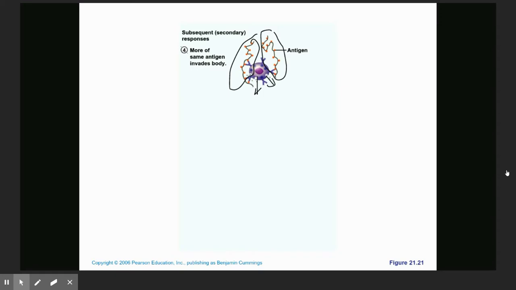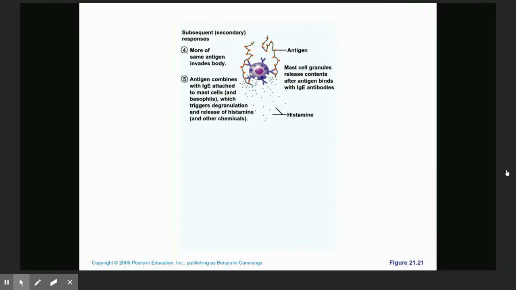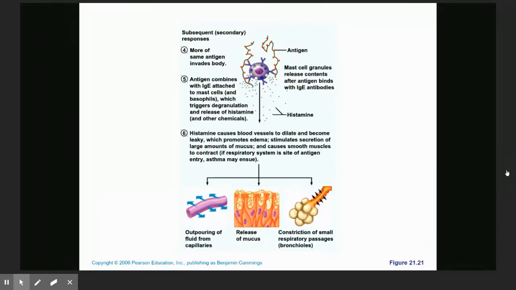Well, these cells are not in one place. They're everywhere. And if they all release histamine at the same time, all this histamine is going to cause those effects. So we're going to get a lot more mucus produced. We're going to get bronchial constriction.